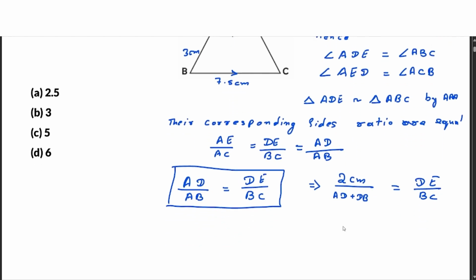That is 2 centimeter plus 3 centimeter, DB is 3 centimeter, is equal to DE, which we have to find, and BC is equal to 7.5 centimeter.